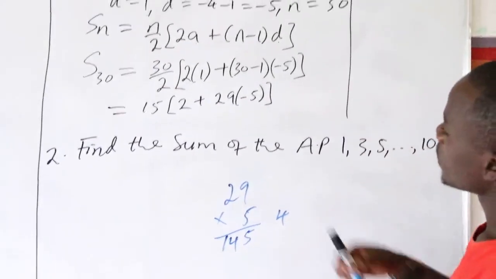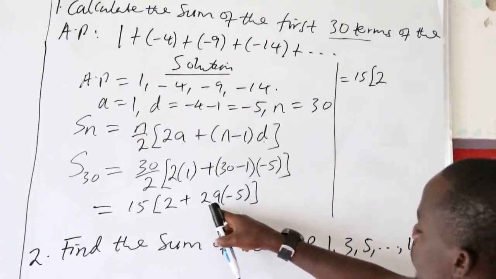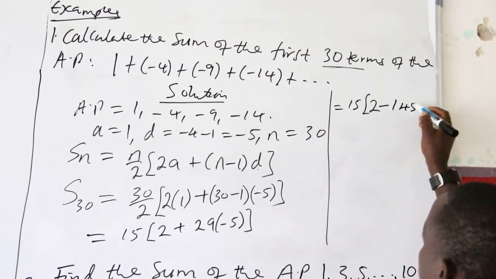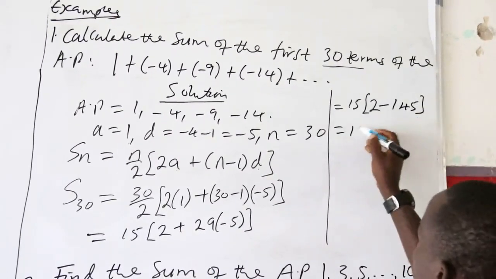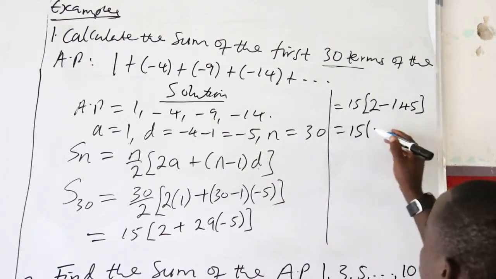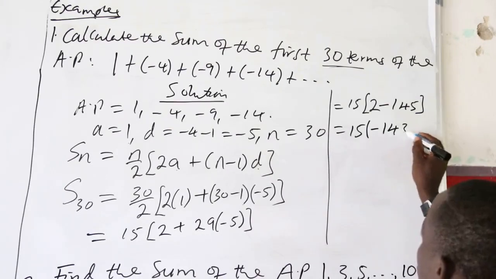So it's going to be 2 plus 29 times minus 5, which is 2 minus 145. And this will be 15 into (2 minus 145), which gives us minus 143.